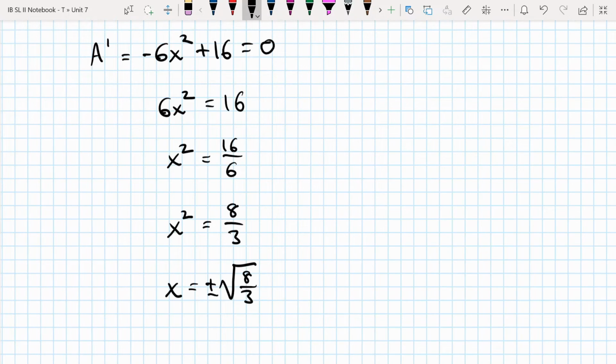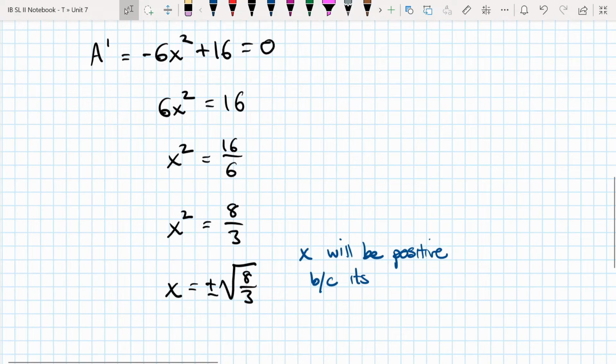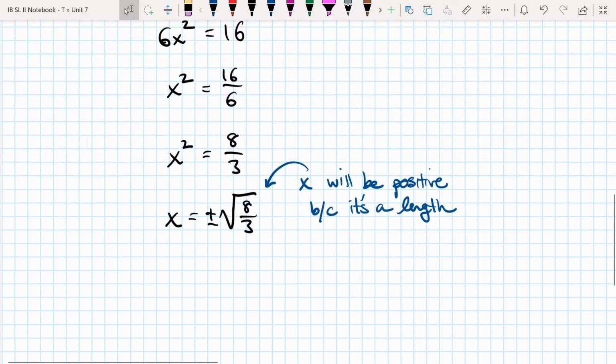Well, x is going to represent a length, and so we're only going to deal with the positive. So x will be positive because it's a length. So this has to be the positive value.